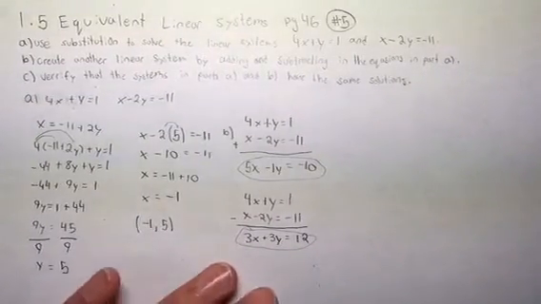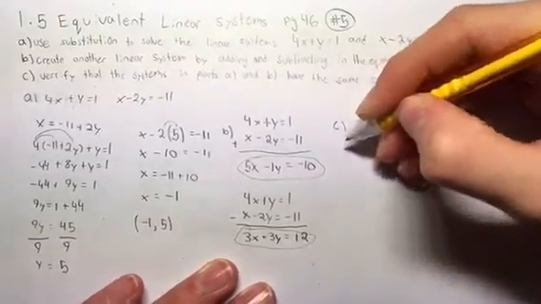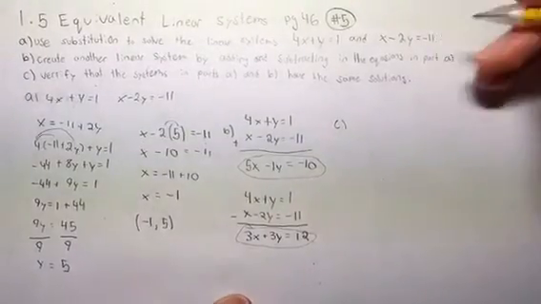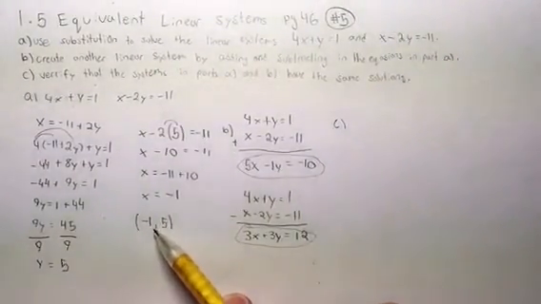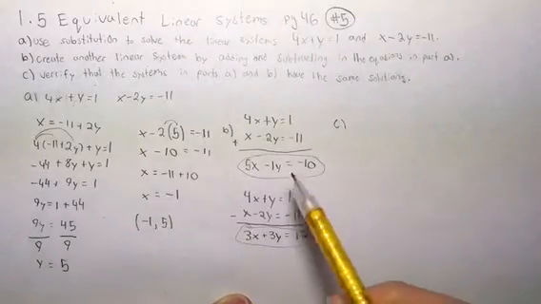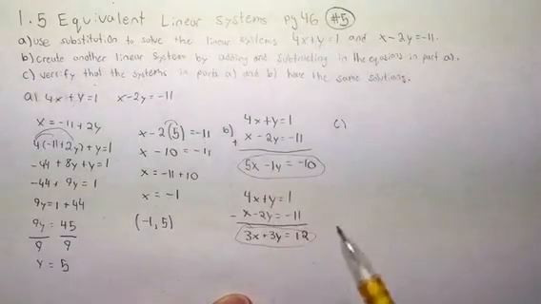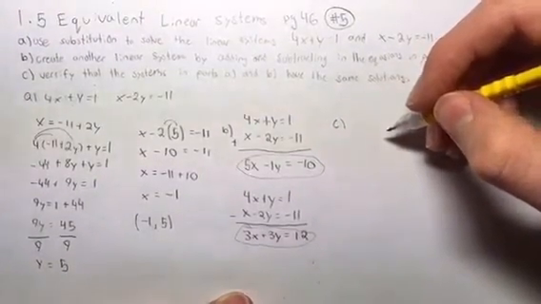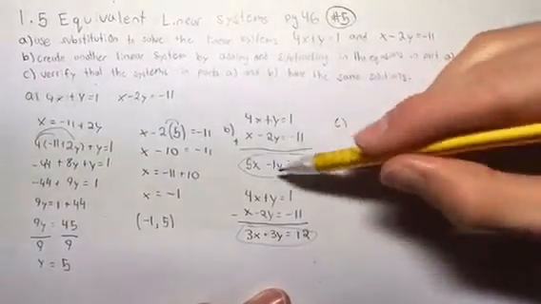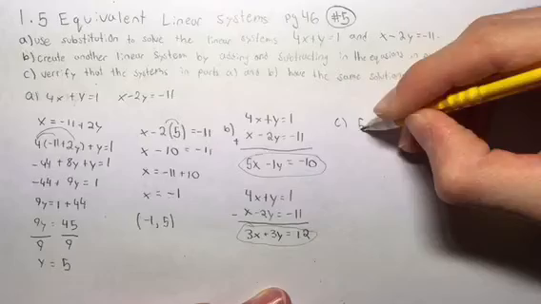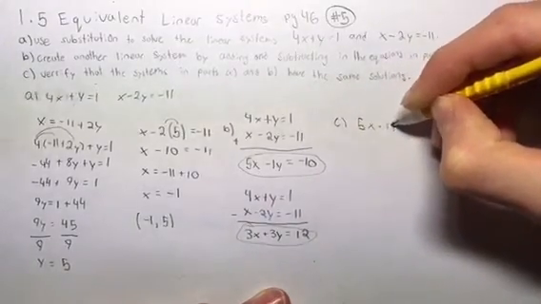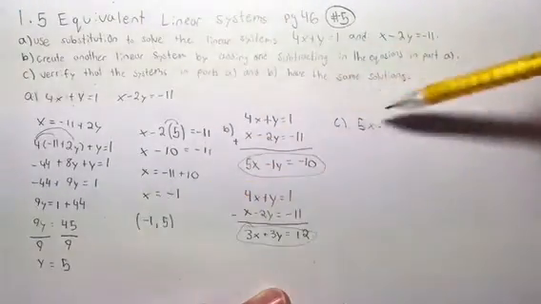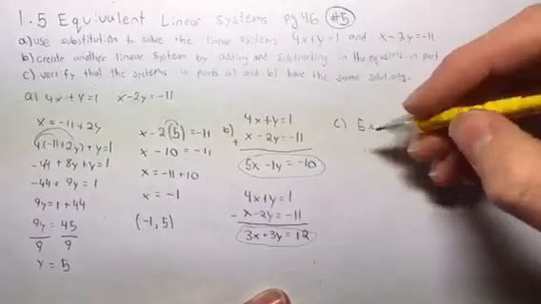And now finally, C is verify that the systems in part A and B have the same solutions. So we can do that by plugging in what we got in part A, so our coordinates negative 1 and 5, into our two equivalent linear equations in part B. So let's just start with this. 5x minus 1y equals negative 10. So now we have to substitute these into this equation to see if we've done everything right.